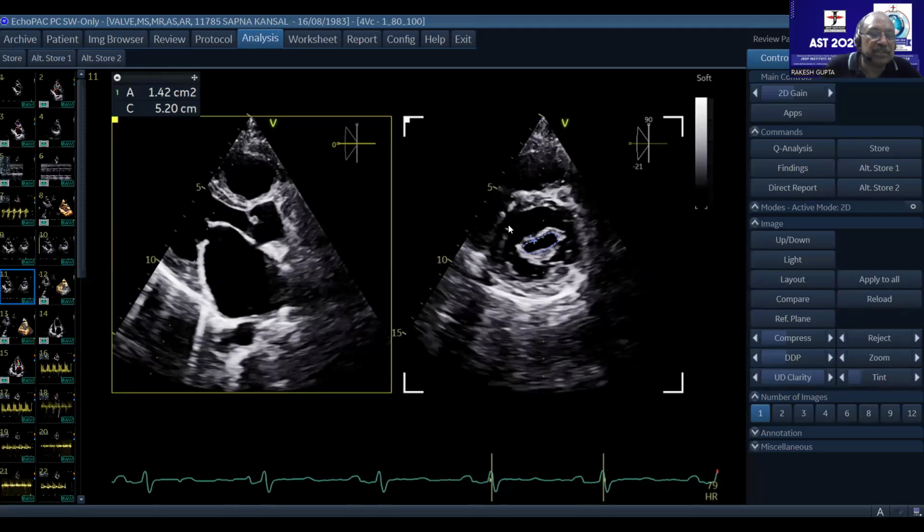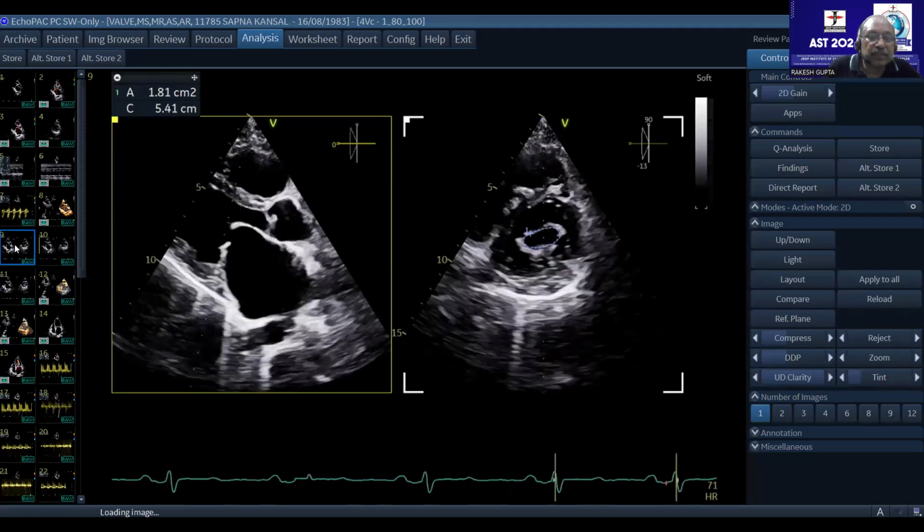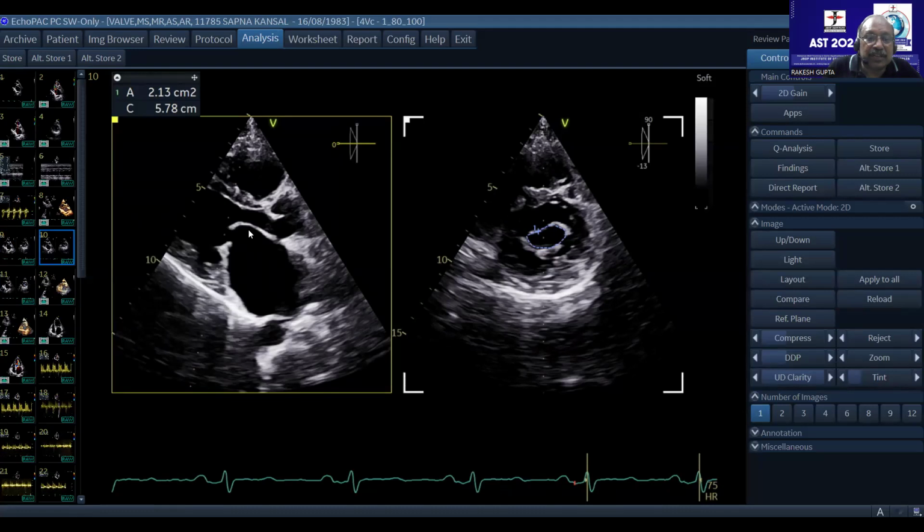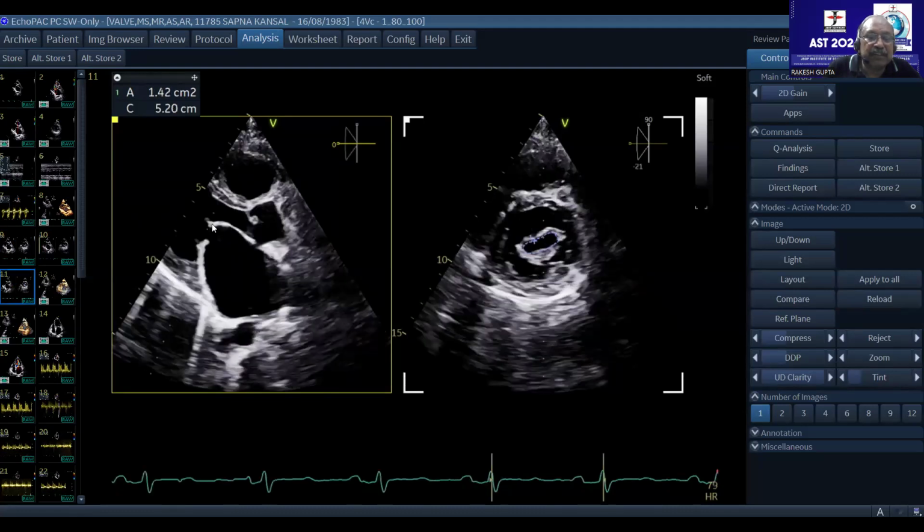Area is 1.42 centimeter square. So we saw 3, the first is not correct. We saw the second, this is also not correct. The AML is way away. And the third is possibly the most correct area. We are just cutting at the tip of the mitral valve leaflet. The area is 1.42 centimeter squared. So one finding was 9 millimeter of mitral valve cusp separation. Second finding was mitral valve area by planimetry 1.42.